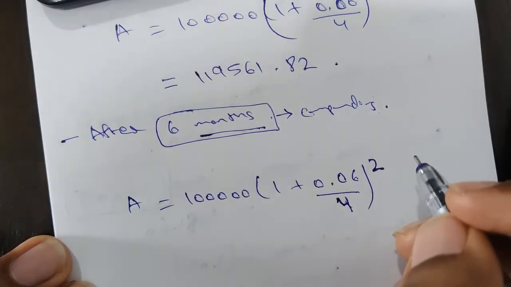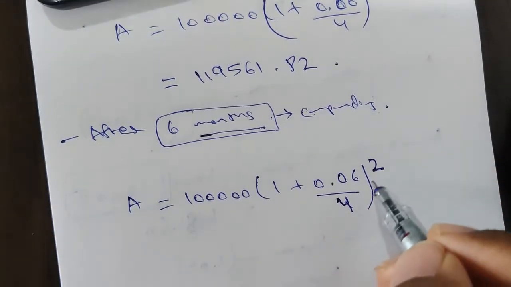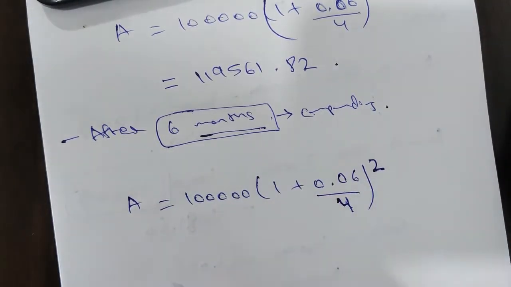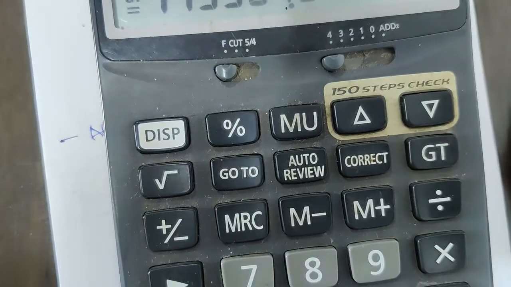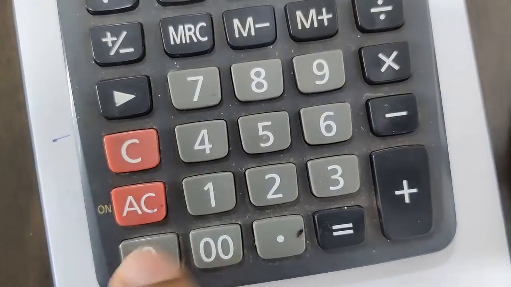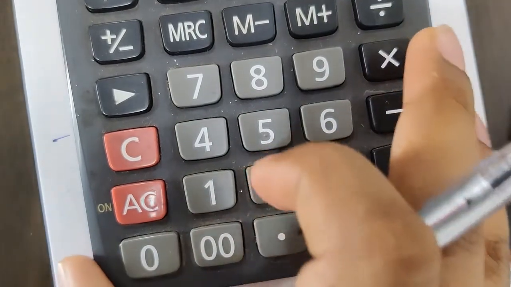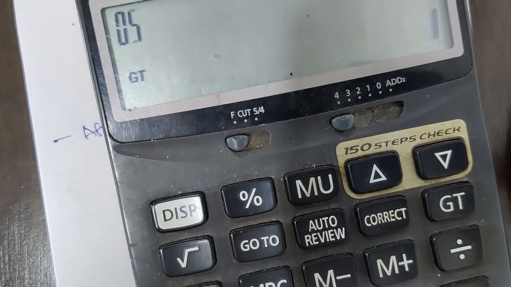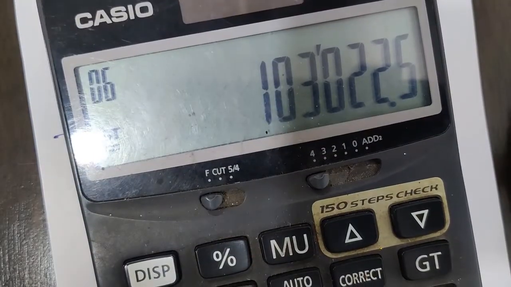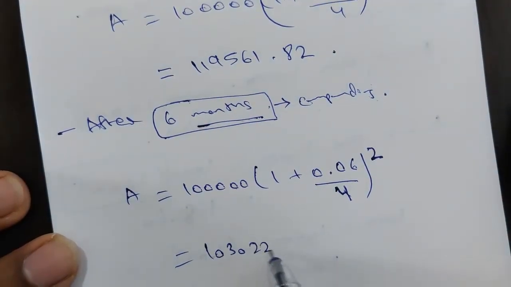Only 2, because in a year there can be compounding 4 times, and since this is after 6 months, you are compounding it only 2 times. So now the calculation should be simple. Now directly I am using 1.015 squared into 1 lakh, which equals 103022.5.